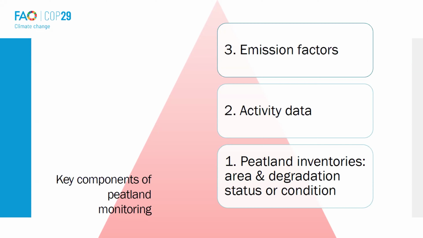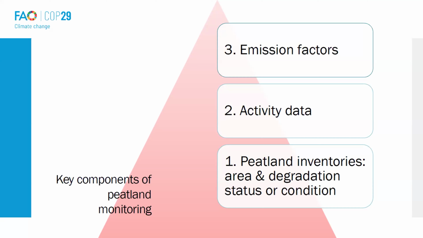So that first part, the pillar, and here the triangle in the behind is kind of describing very much how big part of the effort needs to go into knowing where the peatlands are, the mapping and assessment efforts, knowing the condition and the degradation status. Then there's the activity data. Indeed, for example, the drainage, is there utilization for cropping, grazing land, forestry, infrastructure?